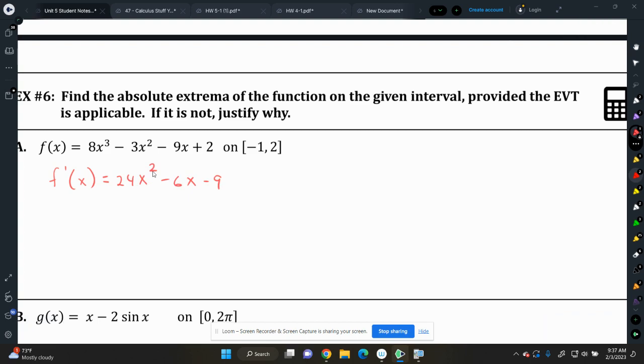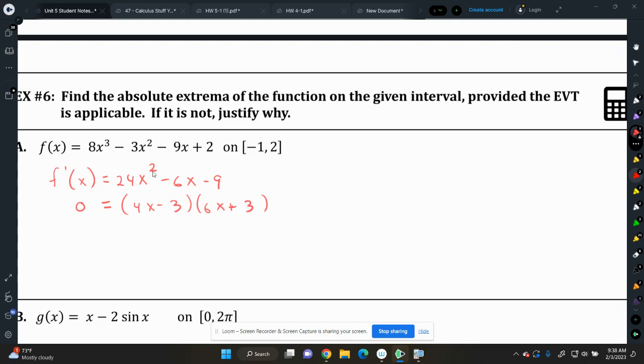Okay, now we're looking for those zeros, right? So we're going to factor this down, and this is going to factor as, let's see here, 6x, and will 3 work? Negative 3, positive 3. Does that work? Guess I could have factored out a 3 first. That would have made it easier, huh? 12.